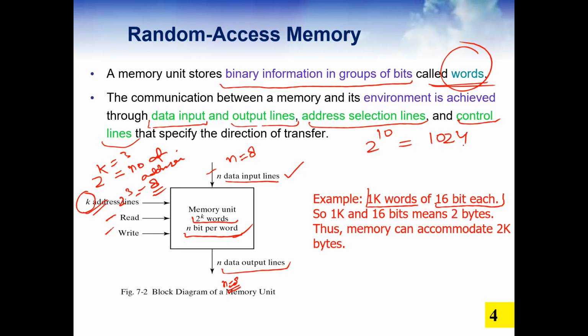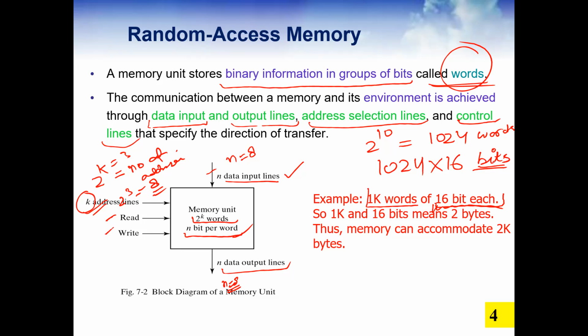So they are saying 1K words, this many registers, and each register can have 16 bits. If I ask you how many bits can be stored in that memory, I can say 1024 registers, and each register can have 16 bits. So this many bits that memory can have.